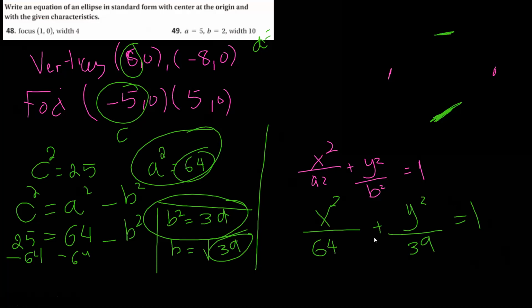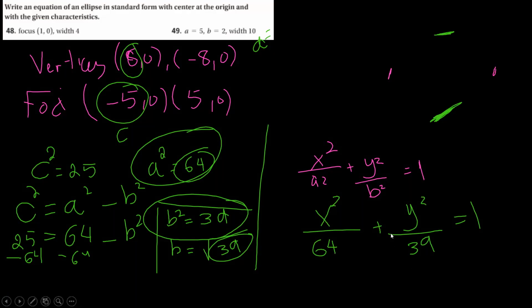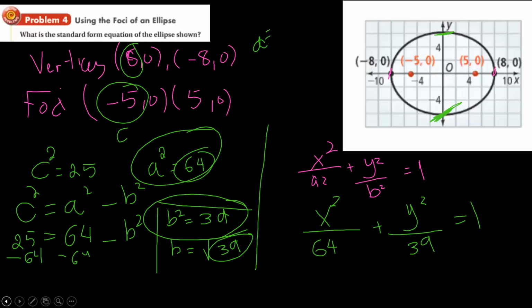Did you not make 39 to the power 2? No, why? This is b. I didn't tell you the length of the minor axis, where you divide it by 2. This is b, the distance from here to here.